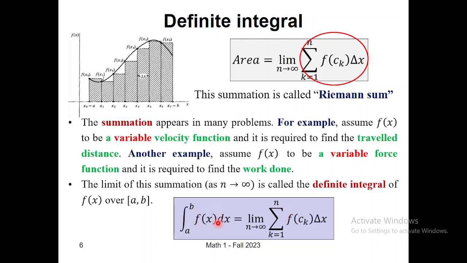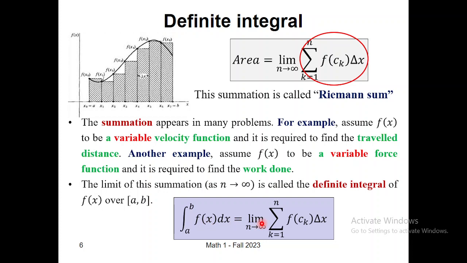So we name it the definite integral for this function from a up to b. It is integration because you add this to this to this to this to compute your final target. So the name is integration, and it is definite because you are interested in a specific interval from a up to b. So this is the definition of the definite integral, and based on this definition, the definite integral exists in many applications.